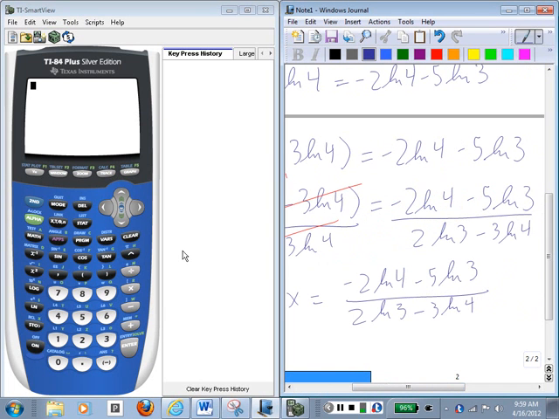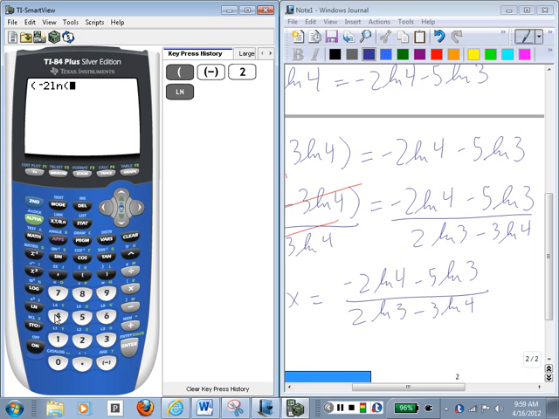For the key, press history. Press the left parenthesis to begin the numerator, and then the negative 2 ln 4. Close the parentheses for the logarithm, and then minus 5 ln 3.